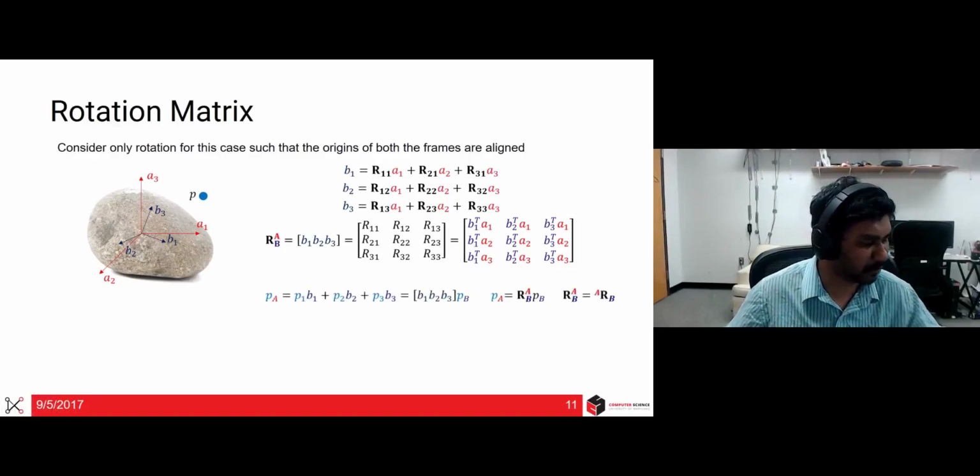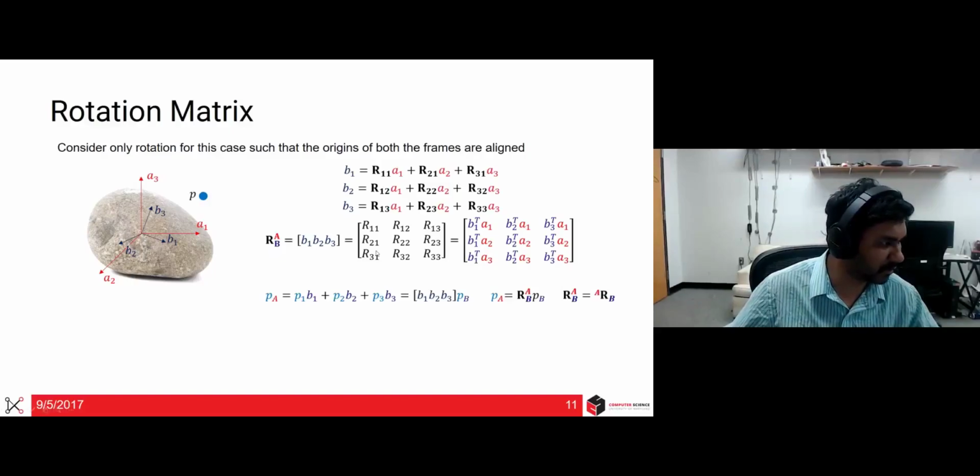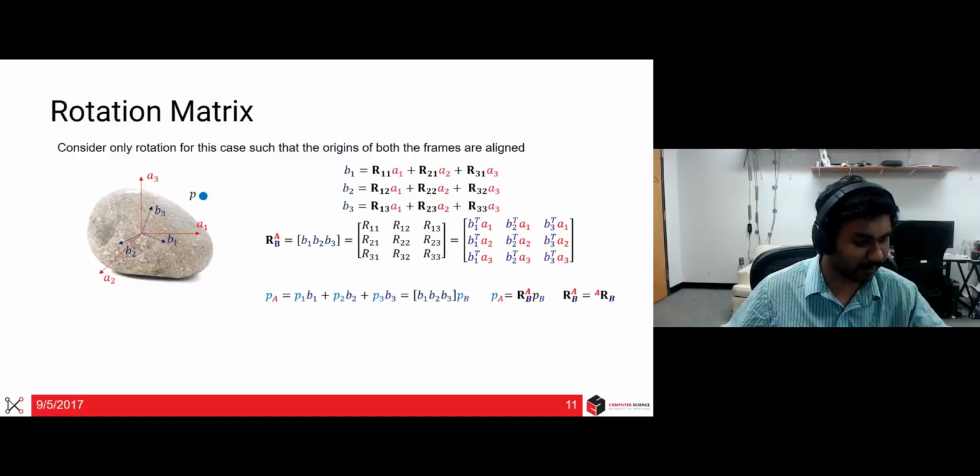One more notation: P in A basically refers to the point being represented in frame A. It is the point represented in frame B multiplied by the basis vectors of B. That's what is shown here. Or in other words, the point in the reference frame A is the rotation, which takes you from frame B to frame A, multiplied by the point in frame B. And R B in A can be written in two ways, which is shown here.